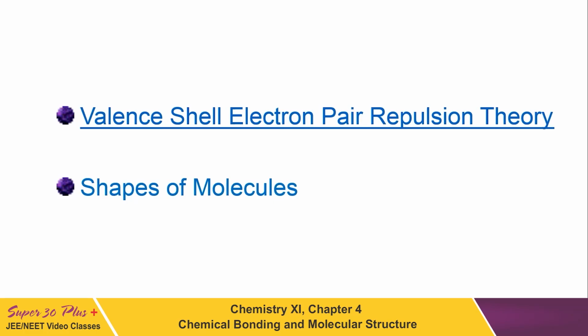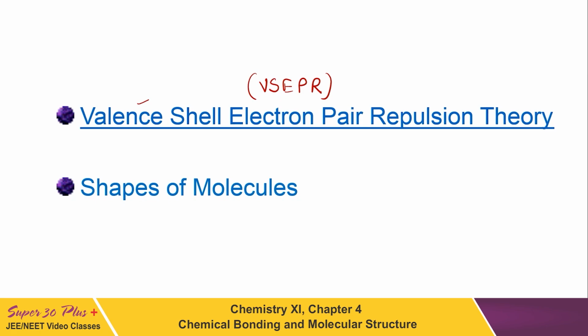So students, in today's session we shall discuss the valence shell electron pair repulsion theory. In short, it is also called VSEPR. Students, in my opinion, this is the backbone of the entire chemical bonding chapter.